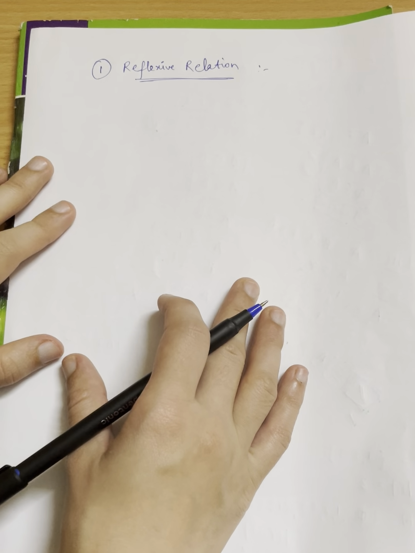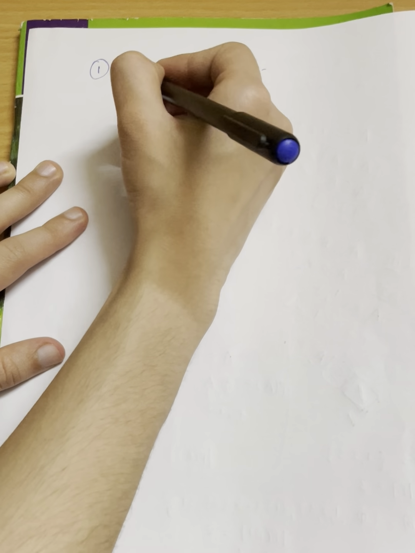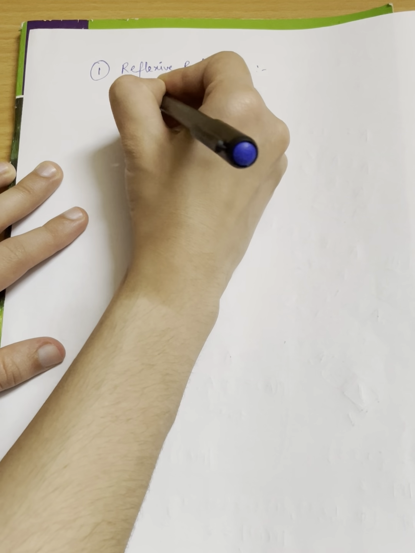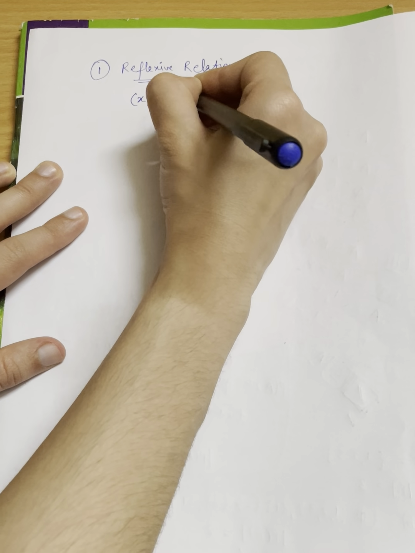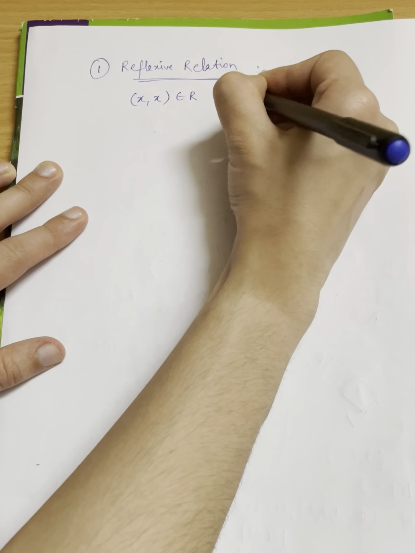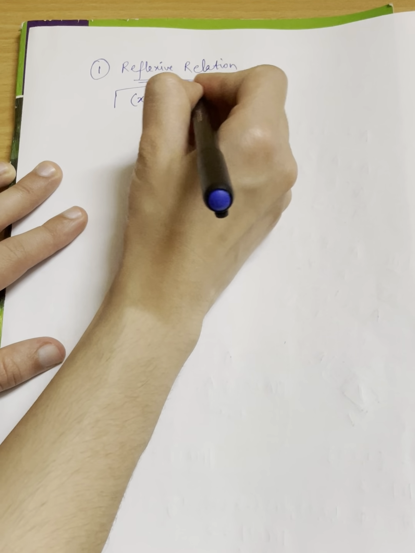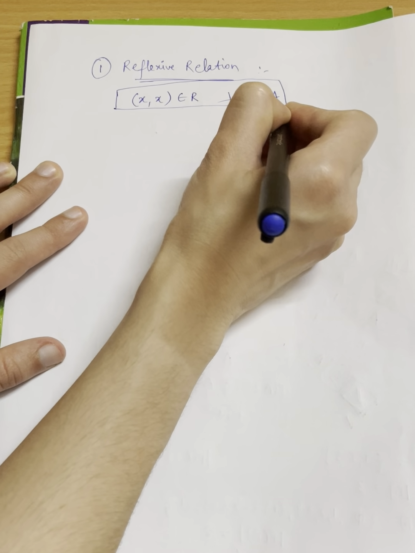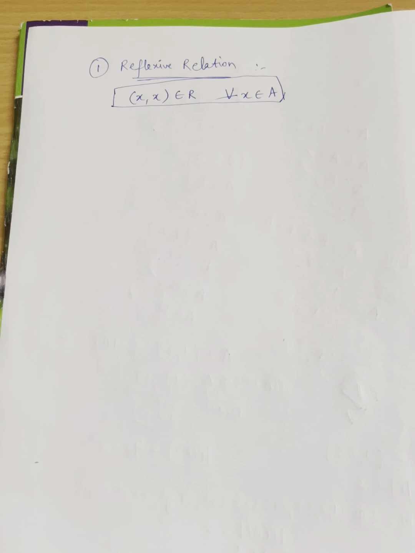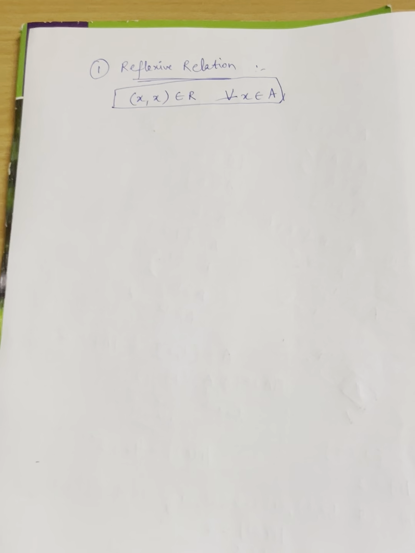If I want to explain it in a single line, I will say: x comma x belongs to R for all x belonging to set A. What does it mean? Let's discuss.